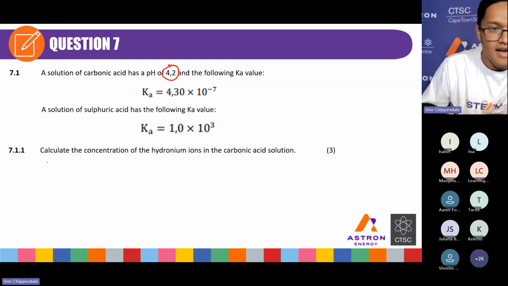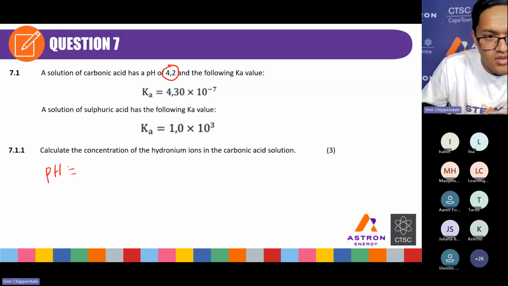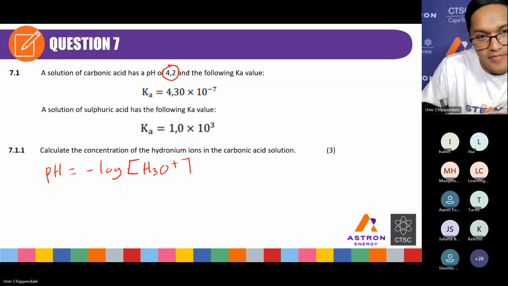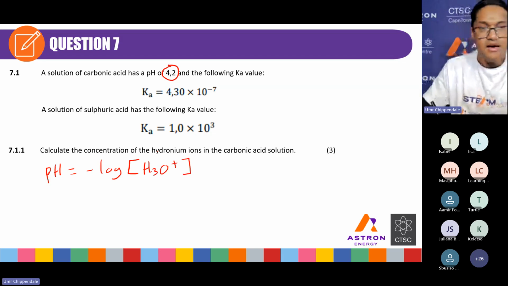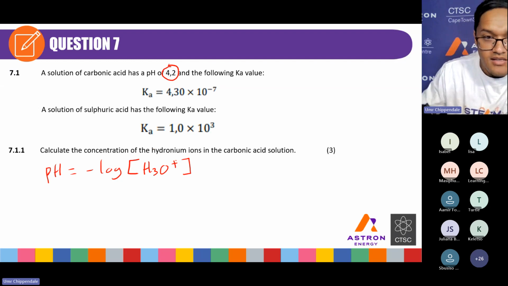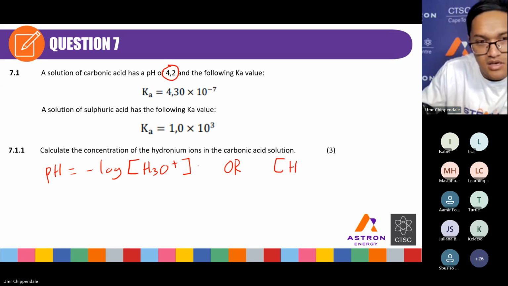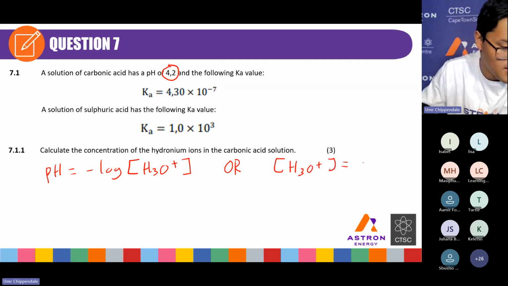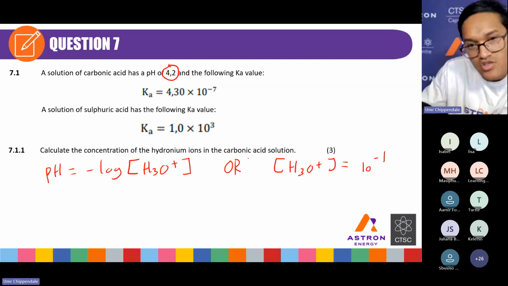Now, we can write this into our formula. We know pH is equal to the negative log of the concentration of your hydronium ions. Remember, this is what they want. I also wanted you to know that some people prefer this formula, where your concentration of hydronium ions is equal to 10 to the power negative pH.